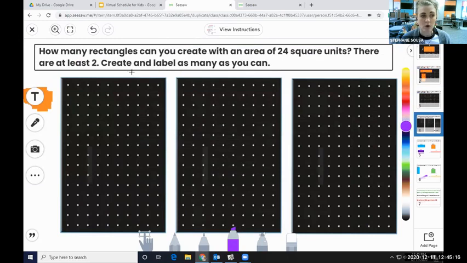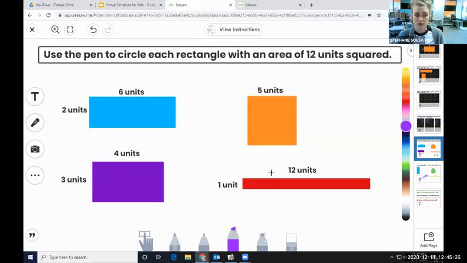On slide 4, you're going to try to create 3 different rectangles with an area of 24 square units. One here, another rectangle here, another rectangle here. And each of them should have 24 square units. On 5 and 6, you're going to multiply the dimensions to see if they equal what has been shown up here.